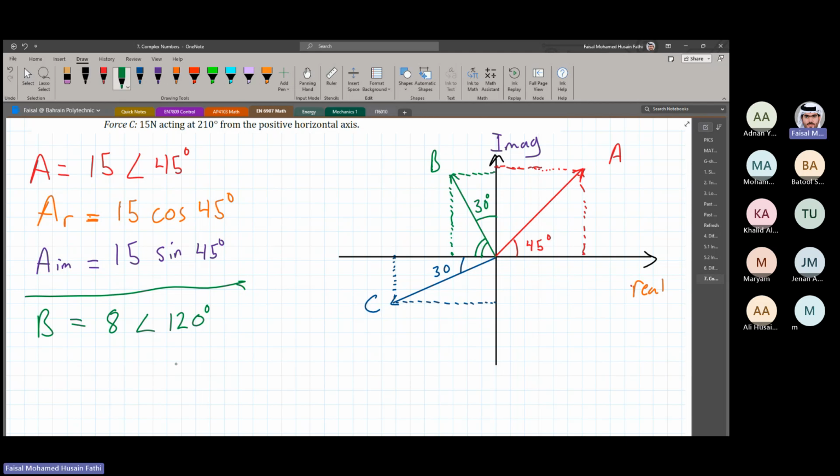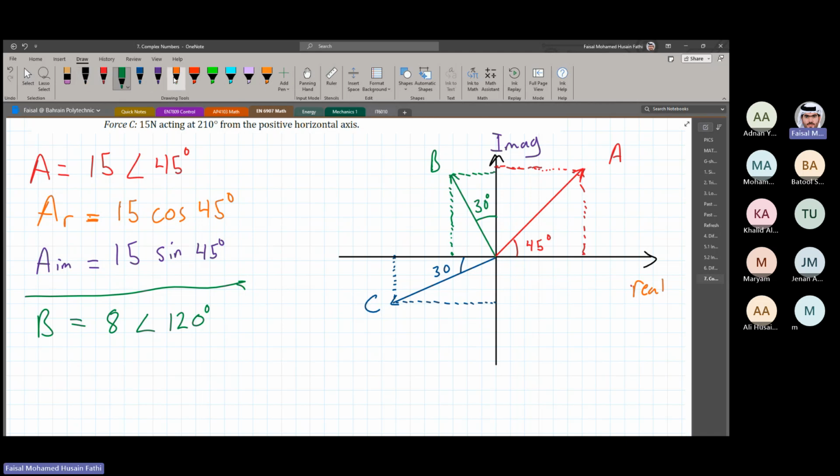Let me just double check, because I believe it's going to be the same angle. It will be, it's just the signs that are different. So don't confuse yourselves, it's fine. You could just apply the actual angle from the positive axis. It's going to be just fine.